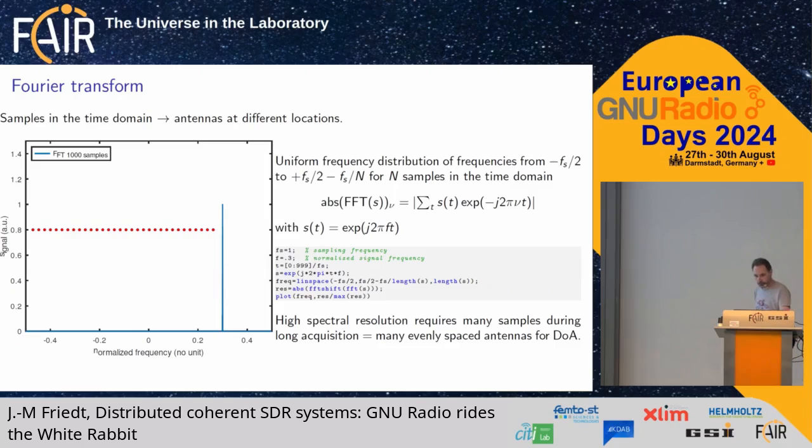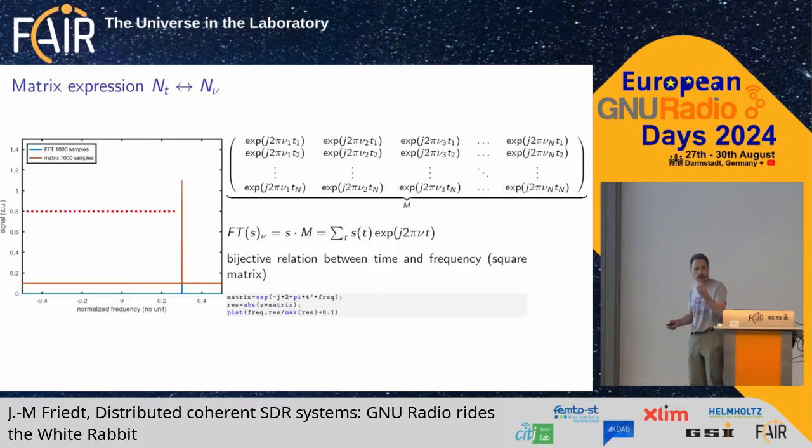Now, another expression of this is you can express a Fourier transform not using the symmetries of the FFT, but going back to basics. You're multiplying your samples with a matrix where you have the time over this direction, incrementing at a fixed Fourier frequency. And on the x-axis, along the columns here, you have frequency 1, frequency 2, frequency 3.